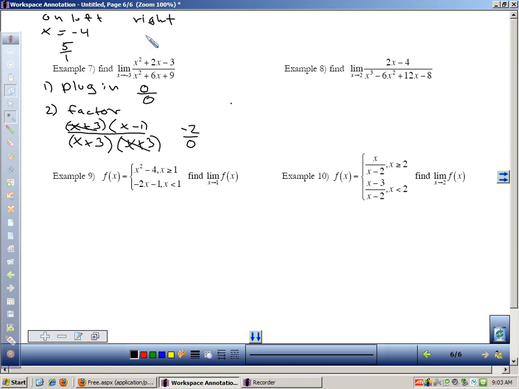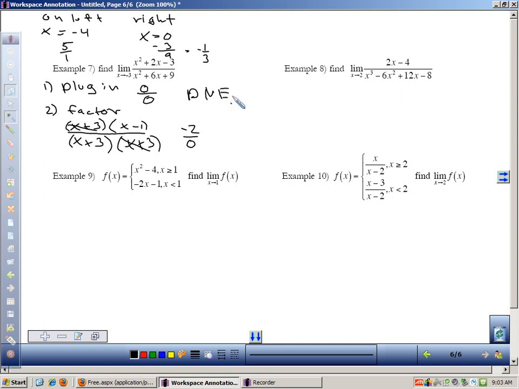Let's plug in x equals 0, which is on the right. So let's plug in x equals 0, and I get -3 over 9, equals -1/3. So on the left we get a positive 5. On the right we get a -1/3. So our limit does not exist.